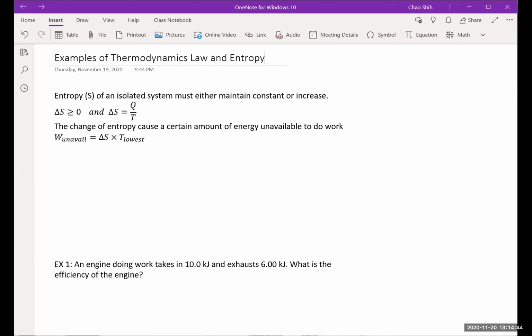One way to explain that is to use the heat engine. That heat engine simply tells you that there's no perfect engine that will change the heat to work. It's not possible that you can get the heat and use all the heat to do work.